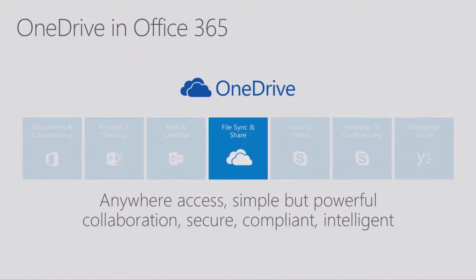Our key focus on OneDrive is to make it a capable anywhere access solution and provide a set of really simple tools for collaboration, but also very powerful integration with the Office applications. Fundamentally, if you think of OneDrive as doing one thing, it enables you to work from anywhere.